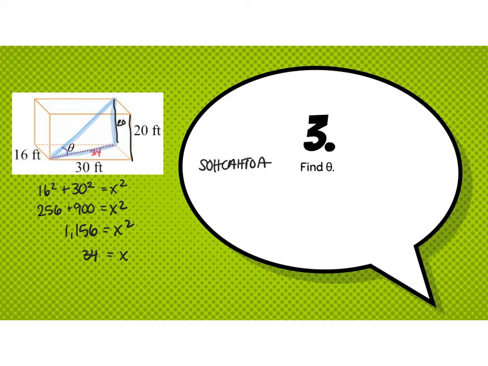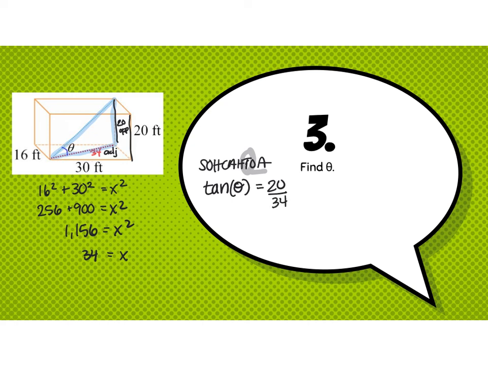I have the adjacent and the opposite. TOA uses opposite and adjacent, so we're going to use tangent again here. So tangent of theta, theta is going to be our variable here, equals opposite, which is 20, over adjacent, which is 34.